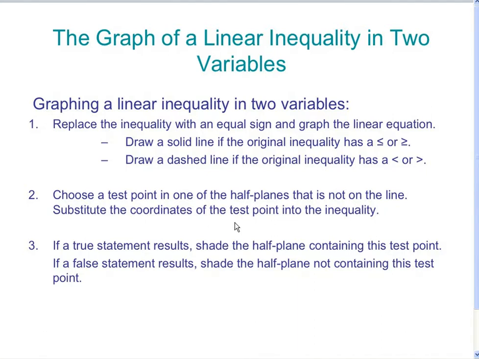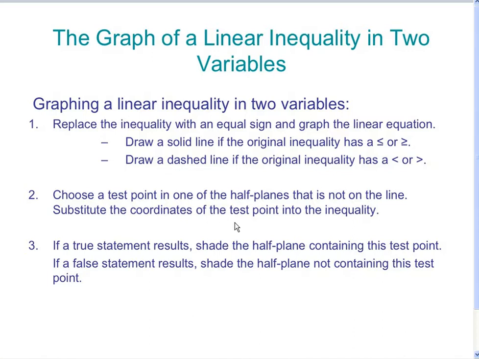You're going to graph that equation, but before you draw the line, you're going to check. If you have a less than or equal to or greater than or equal to, then you're going to go ahead and draw a solid line. On the other hand, if you have less than or greater than, you're going to draw that line as a dotted line or a dashed line.